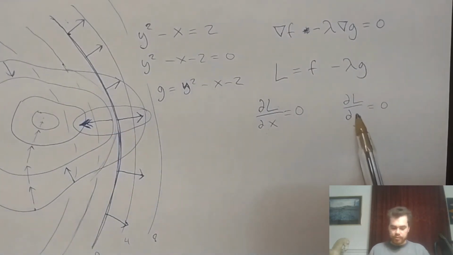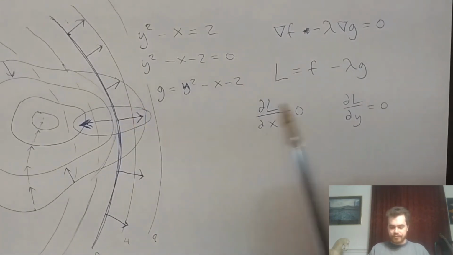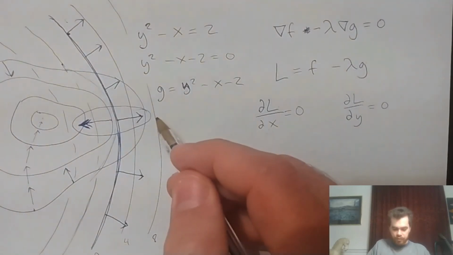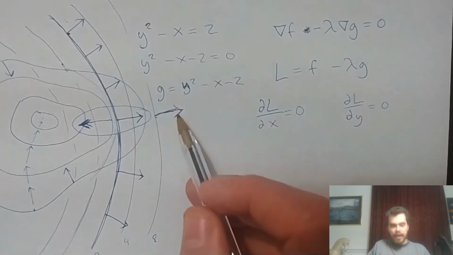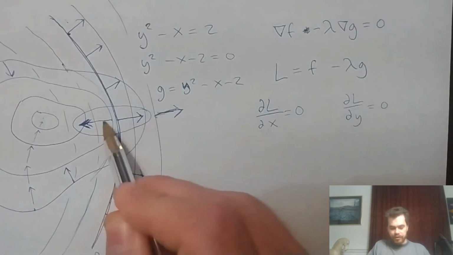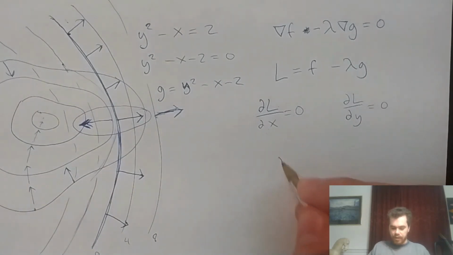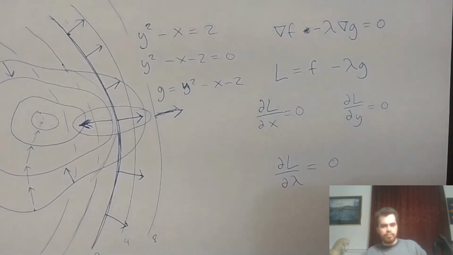But there are many points on the surface G that satisfy this function. Right here, that line is also collinear with this line. So we need another condition, and that is that partial L partial lambda is equal to 0. And why write that down?